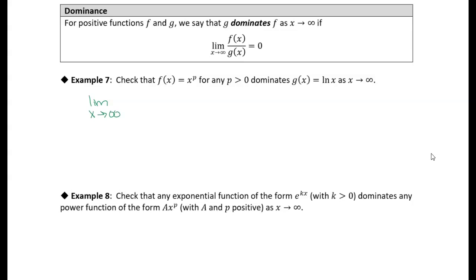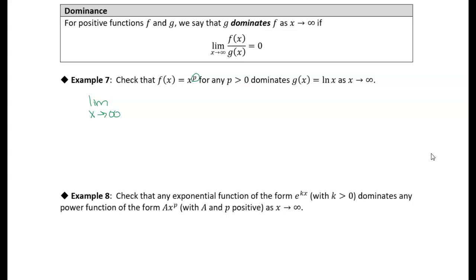If we graphed x squared versus natural log of x, then it looks like x squared is always above natural log of x. This is a little bit different because we're generalizing p. We're just saying p is any positive number. So does it work for all power functions? Do all power functions where p is a positive number dominate the natural log?